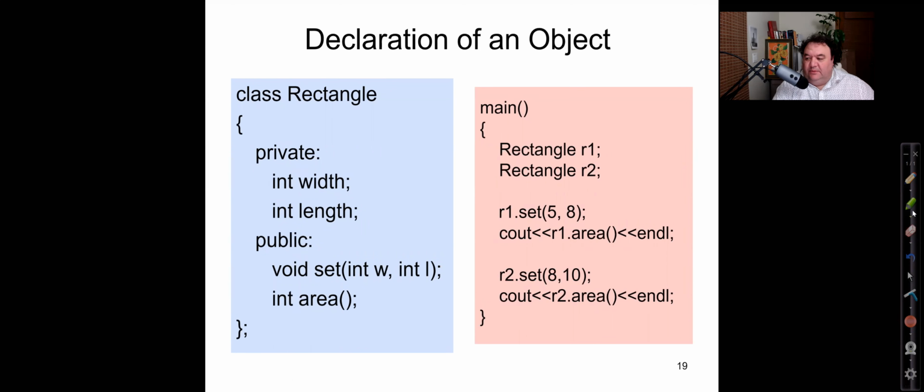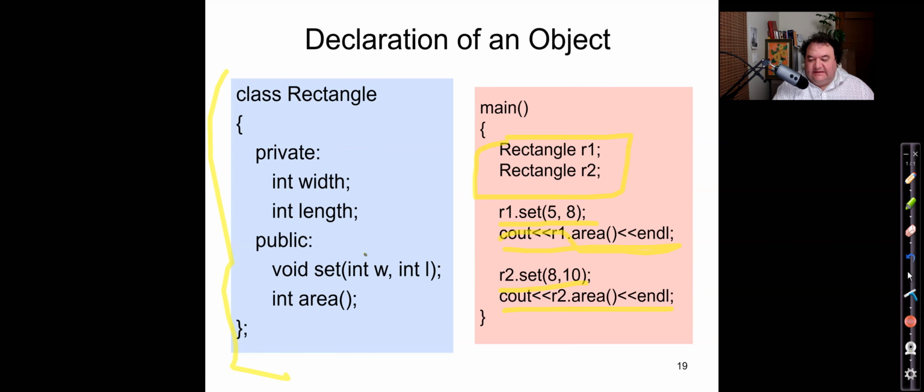So here we look at a basic example of the rectangle again. We have a private width and length, and then set and area. If we use this in a main program, we can define two rectangles, set the dimension of one rectangle, and then compute and print the area of the rectangle itself, then set the dimension of the other and print the area.